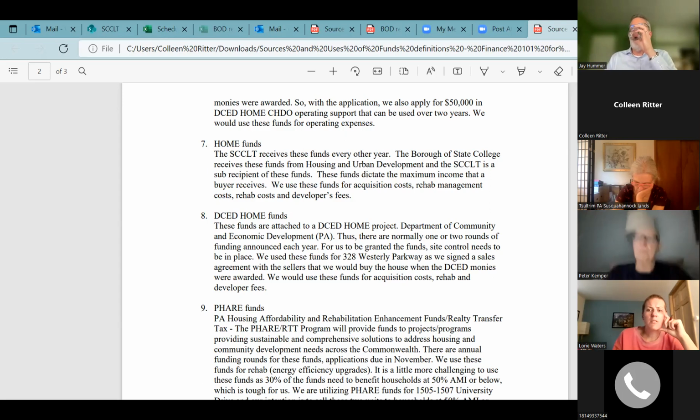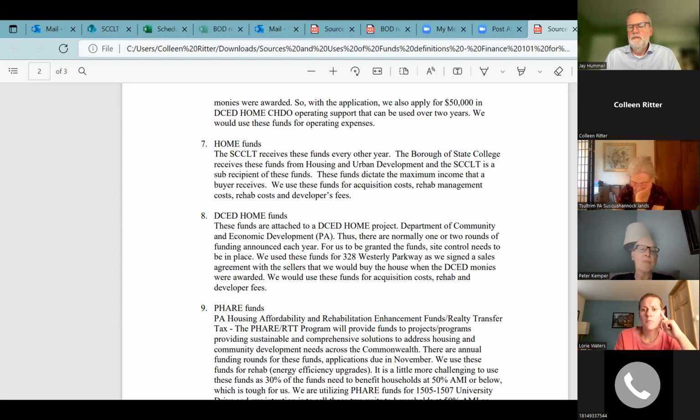Are the HOME funds a lump sum, or as we say we want to buy a house, does the borough release funds to us? So the borough gets the money once they sign the contracts with the federal government, and then they can sign a contract with us.